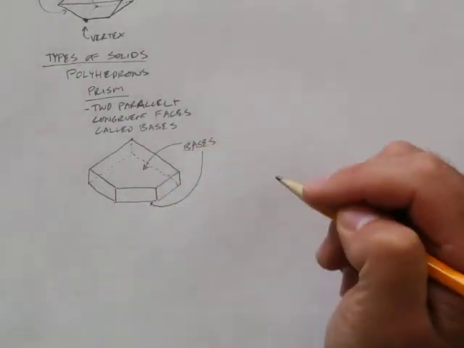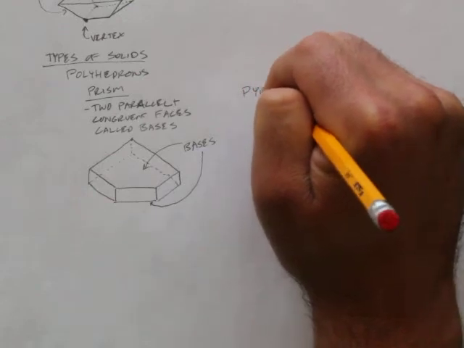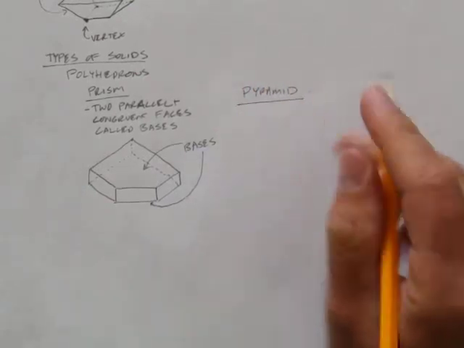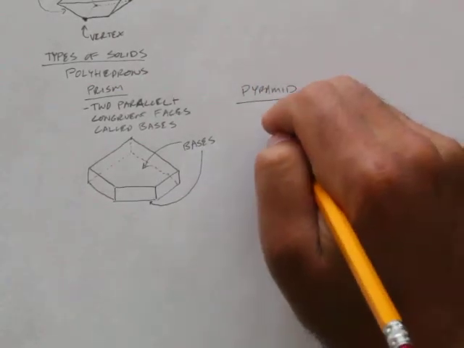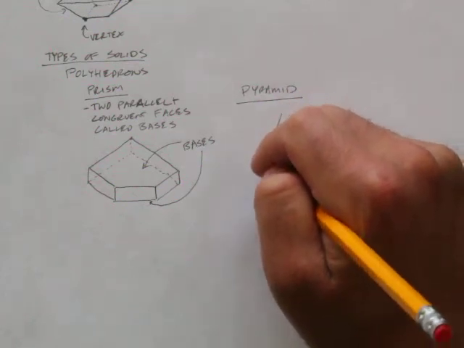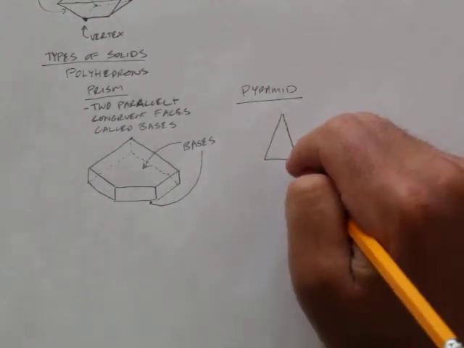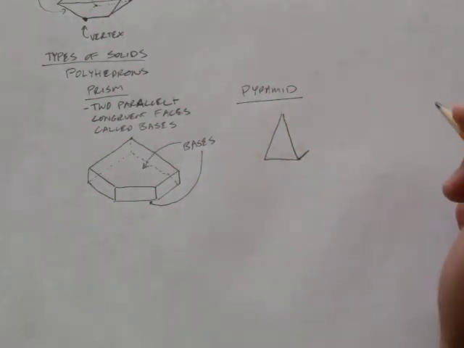Now we're going to look at a pyramid. Let's draw this pyramid this way. Let's draw a triangle. And then let's just draw one line that comes back here like a tail.